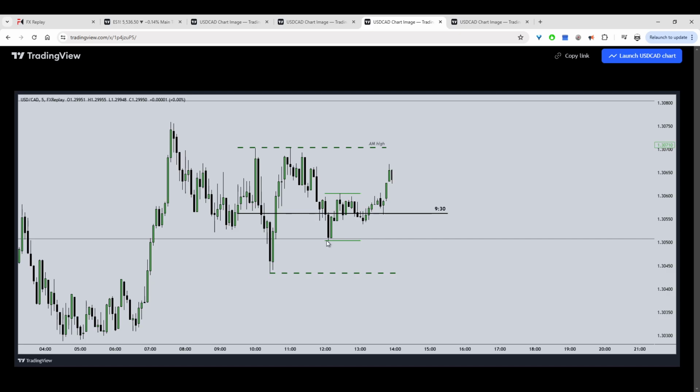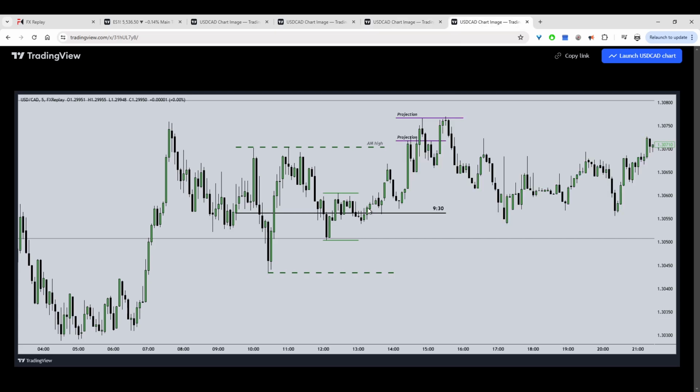Then we have a lunch range, and we can see the AM high is not touched. We break the lunch range high, and then we'll see a revisit to a liquidity area around the lunch range high to then tackle the AM high. So price breaks the lunch range, keeps the AM range intact, revisits a discount array, and then goes towards the AM high, hitting both projections before 3:55.